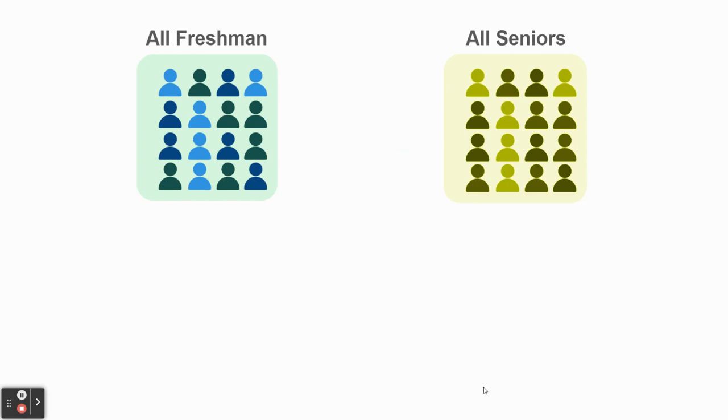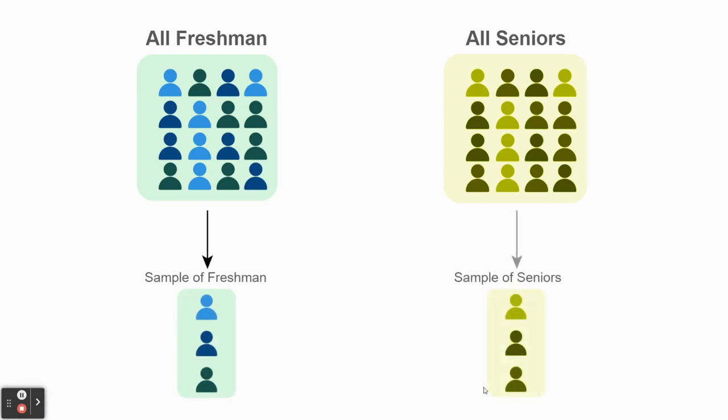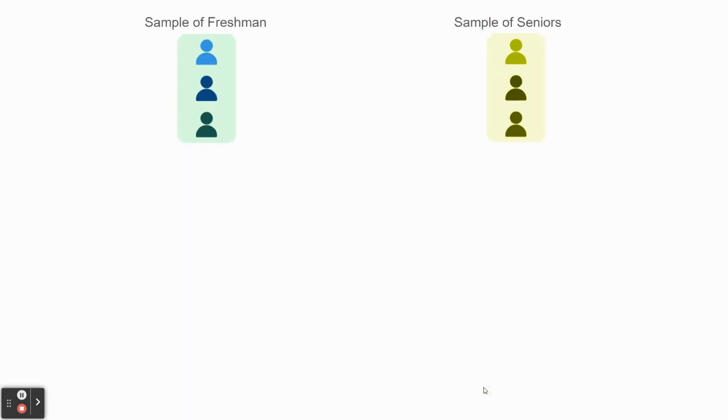So here I've got my population of all the freshmen and my population of all the seniors. The first thing I'm going to do is take a random sample of freshmen from the population of all freshmen, and I'll also take a random sample of seniors from the population of all seniors.